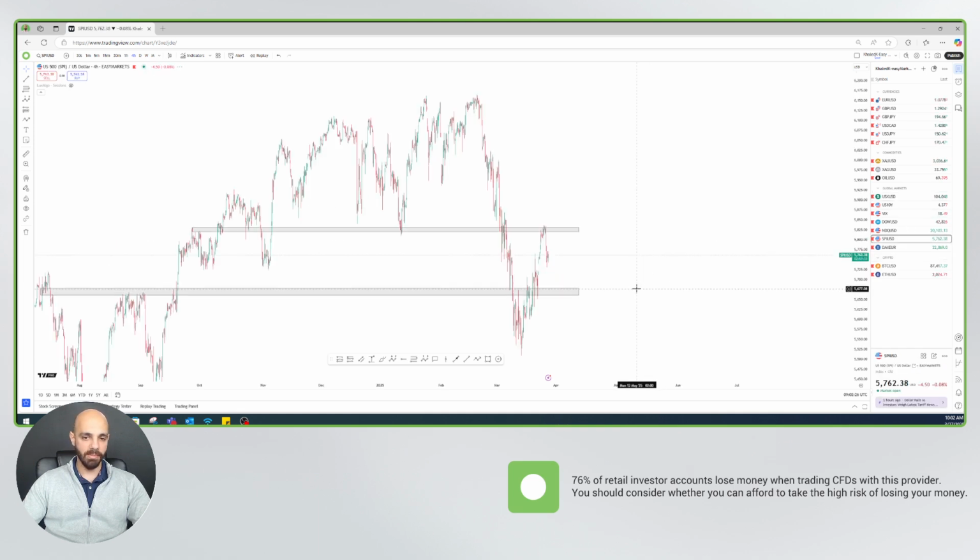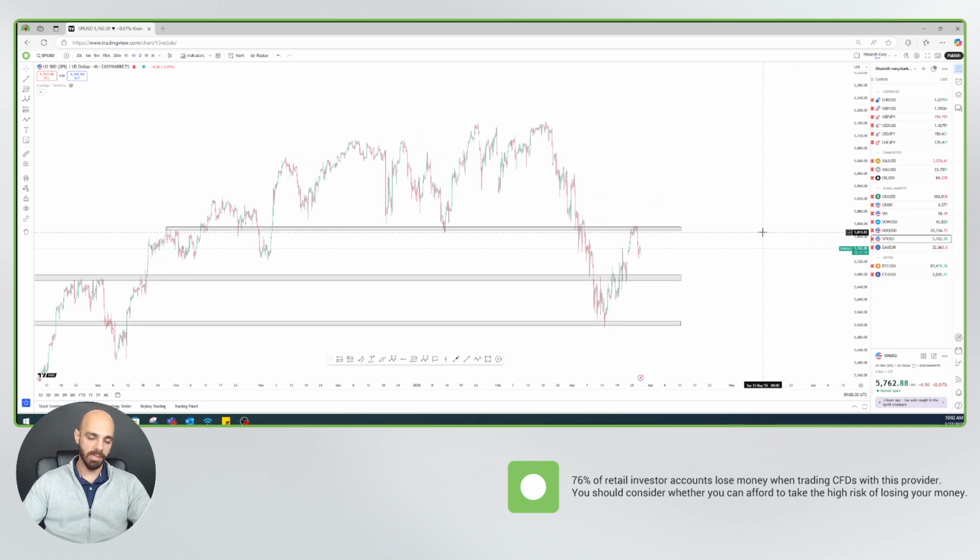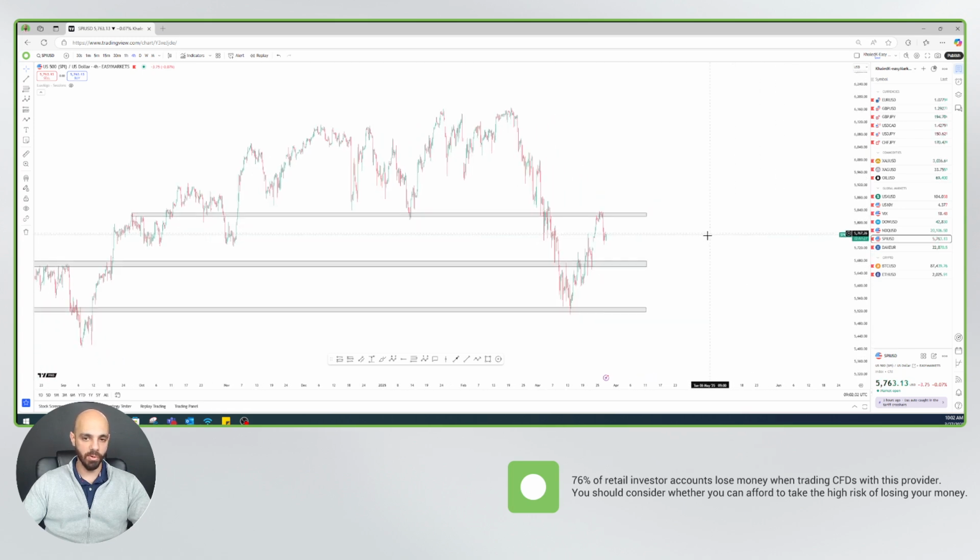Looking at the S&P 500, let's see how this could react to the expected numbers that we are waiting for. If we have better than expected numbers, higher than forecast, we could see the S&P breaking above 5,800 and possibly visiting 6,000, which is a strong psychological area.